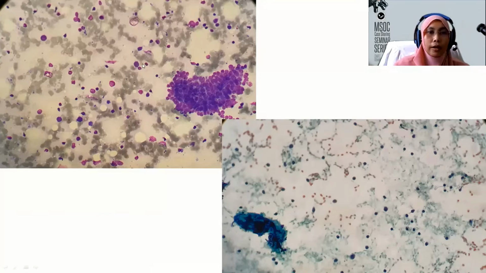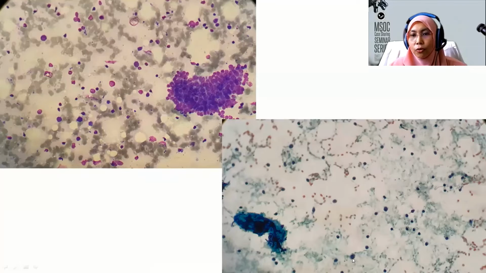It doesn't look like lymphocytes because they are larger. This one may be a lymphocyte, but this one is not. Maybe lymphoglandular bodies. Okay, this is the Pap stain smears slides.